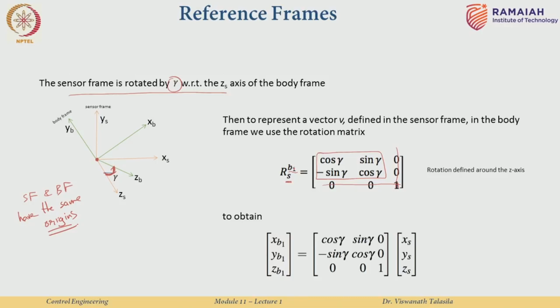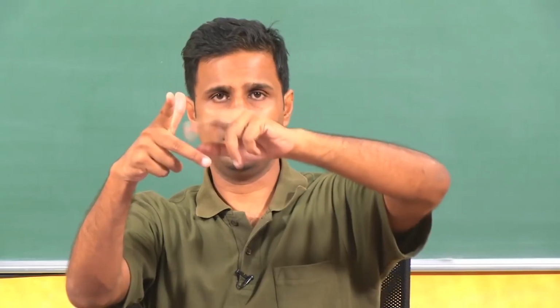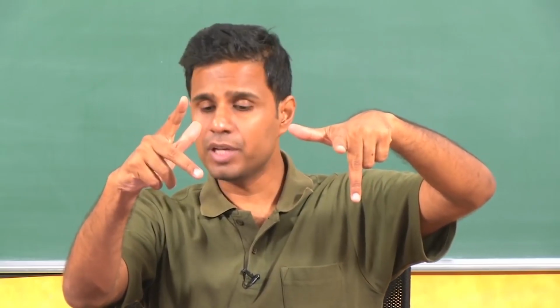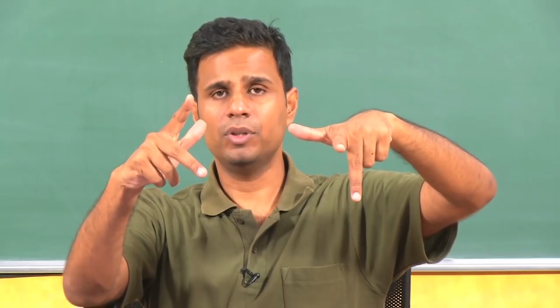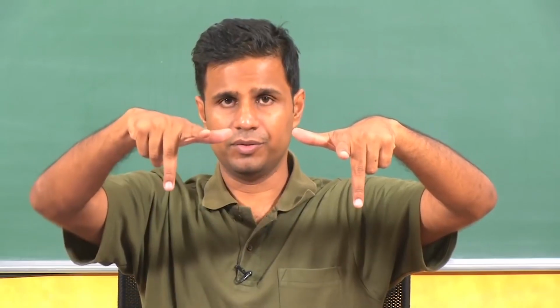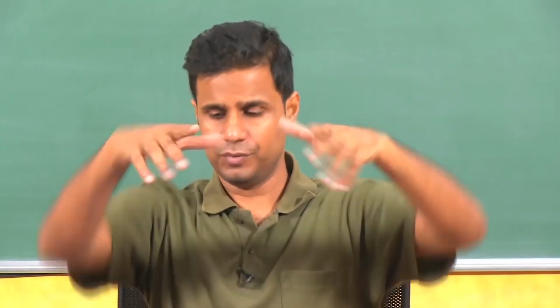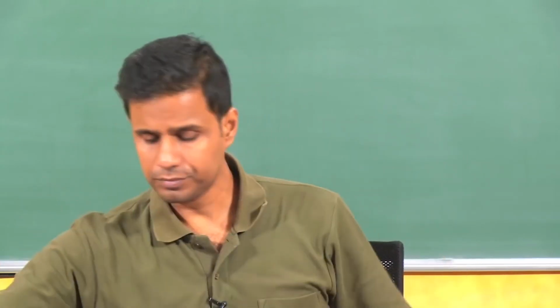Let me correct these one by one. First, let me correct the z axis. I do a rotation about the z axis first. The second rotation, which I will show in the next slide, will be about the pitch axis, and the third rotation will be about the roll axis.